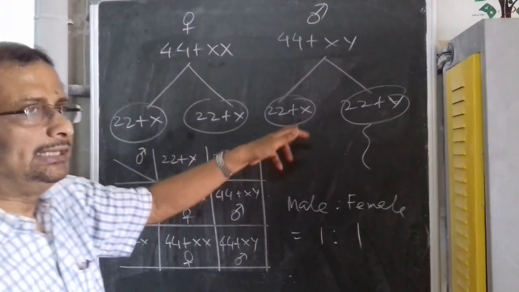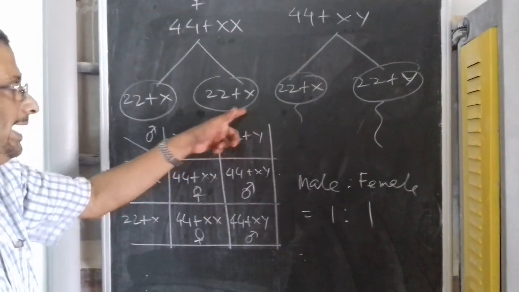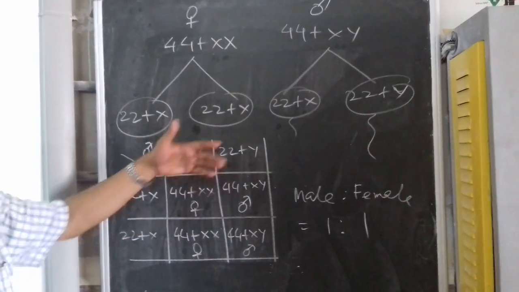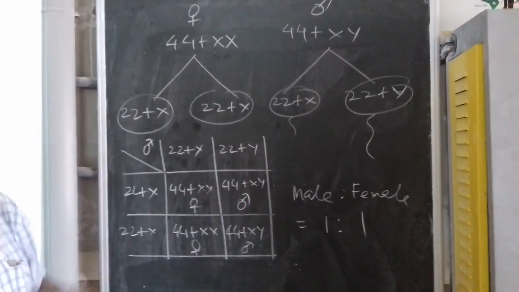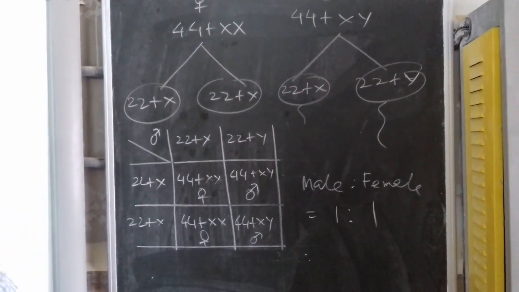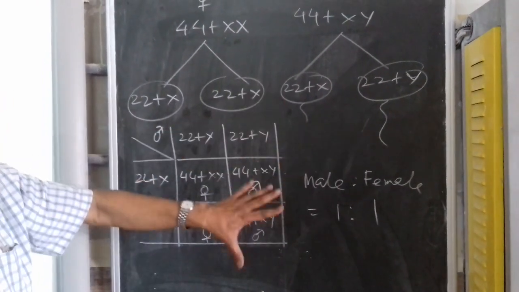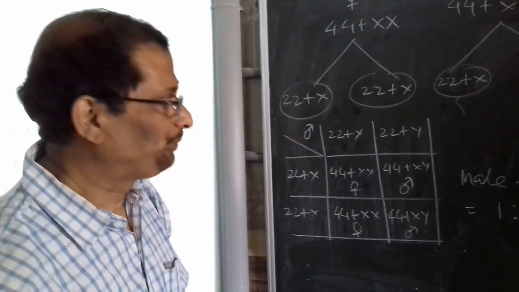The father contributes either X or Y. If the Y fuses with the X of the mother, it will result in a boy child; otherwise it will be a girl child. So the ratio of maleness to femaleness is always 1:1. This is in the normal case of meiosis. This is how fertilization takes place and determination of the sex takes place.